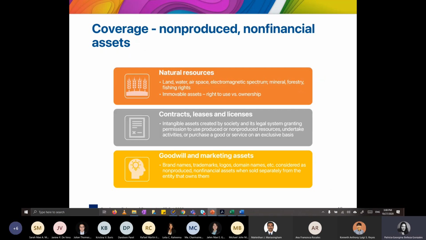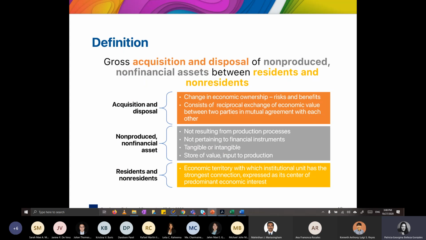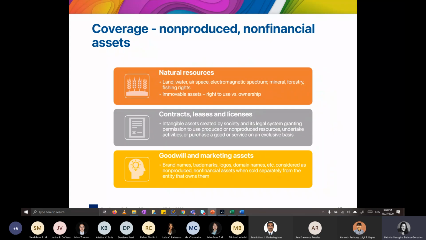When we say non-produced and non-financial assets, we have here three broad types: natural resources; contracts, leases and licenses; and goodwill and marketing assets. An example of a non-produced, non-financial asset is natural resources, which include land, water, and airspace and the electromagnetic spectrum, mineral, forestry, and fishing rights.